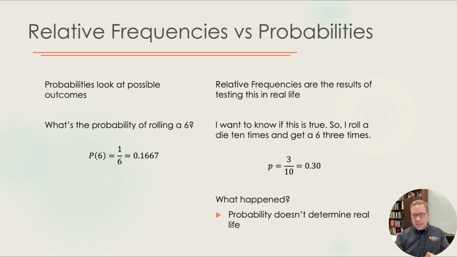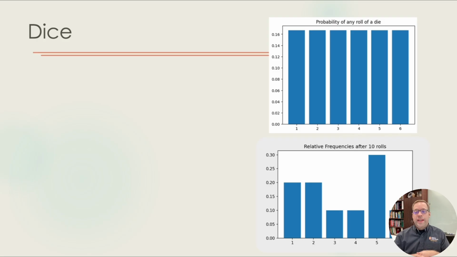However, there is still a connection. Don't think that these are now different things. There is still a strong connection. Let me show you. Here I have at the top my probability distribution of rolling a die. You can see that the height of the bar is the probability of rolling any particular number. And rolling a 1, a 2, a 3, a 4, a 5, or a 6, they all have the same probability, 16.67%.